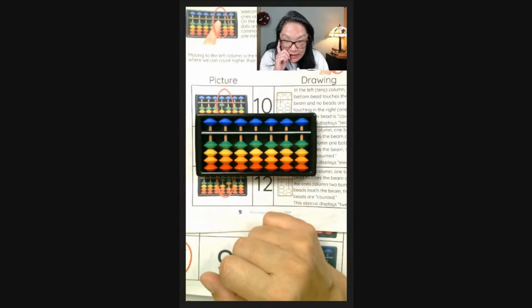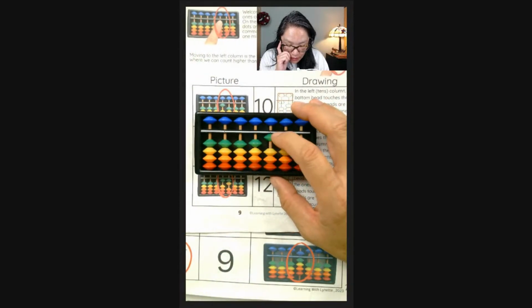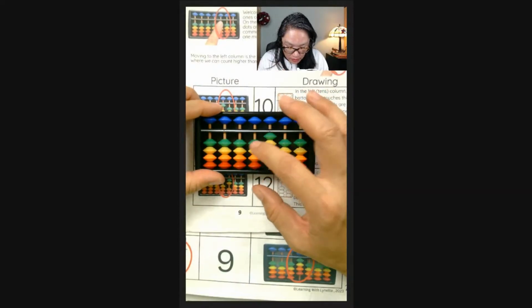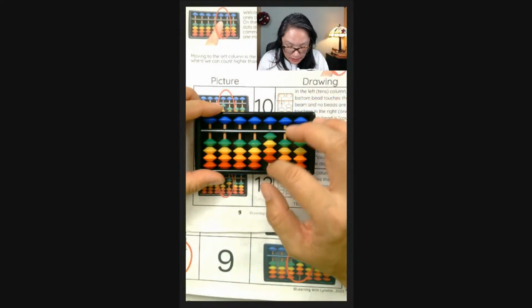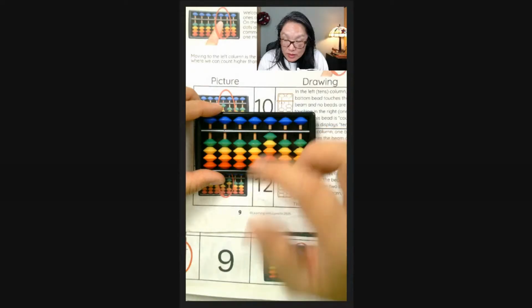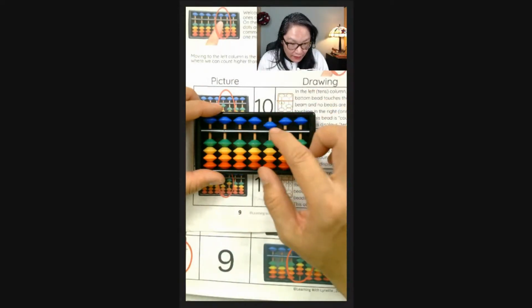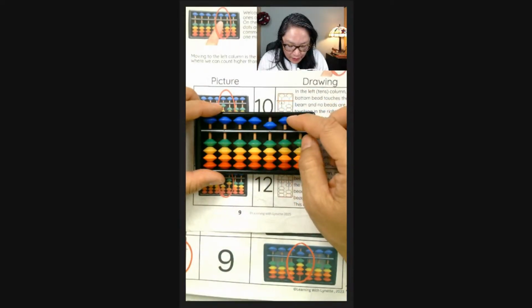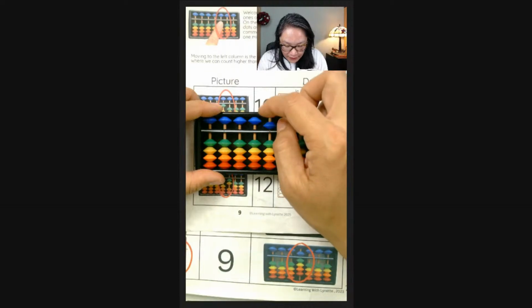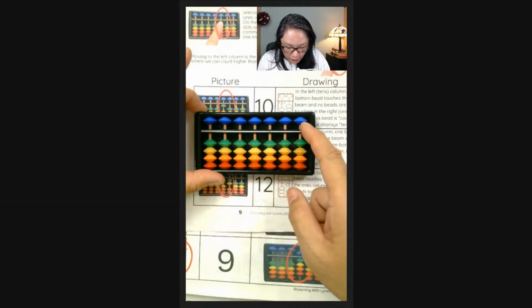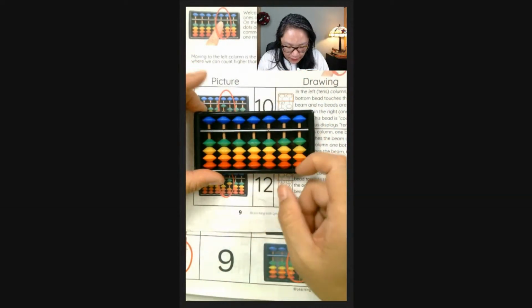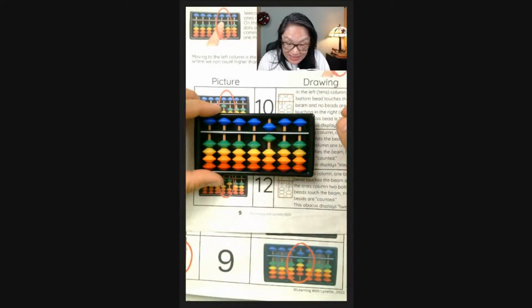So what we're doing is we're reading the abacus. So when we read it, 1, 2, 3, 4, right? Godiva, does that make sense? All the beads touching this horizontal bar is being counted. And then we have 5. All the top beads is the value of 5. Those are all 5. When we have 6, we have 1, and then we add the 5. Now we have 6.